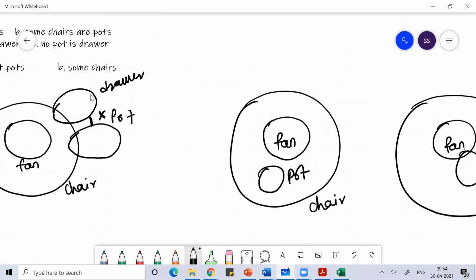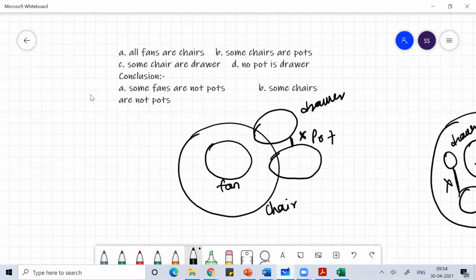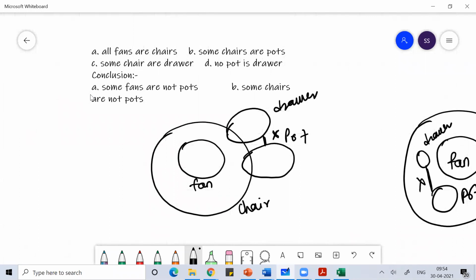The diagram can be any way, so you can understand, but anyhow you can set the diagram. You always need to keep all the possibilities in your mind while drawing the diagram. Okay. So this is what is given.